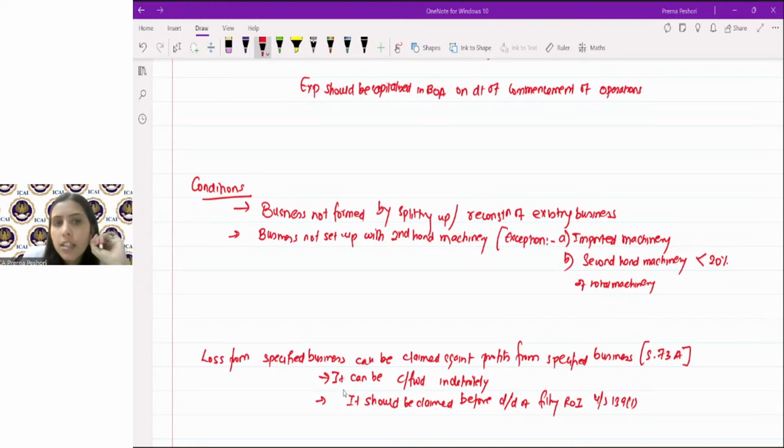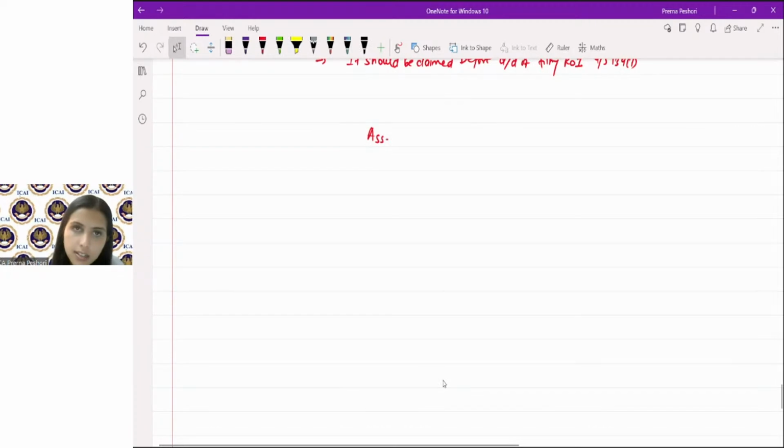Last one thing under the specified business. The transfer of the asset, right? If the asset is transferred, the asset for the specified business has to be used for a period of 8 years.